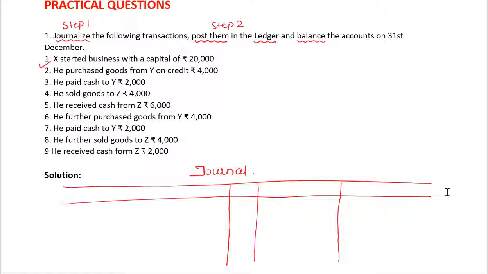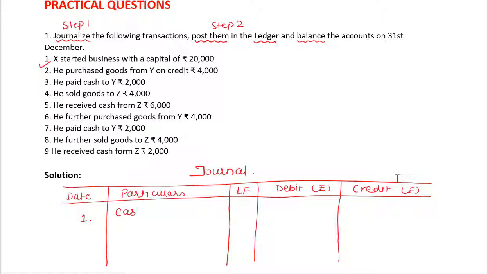Over here we have date, particulars, ledger folio, and we will write debit in rupees and credit in rupees. Let's begin with the first entry. Date is not given, so we will write number 1. X started business with a capital of 20,000.